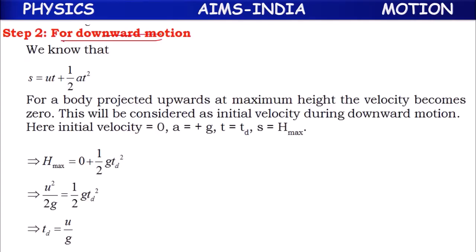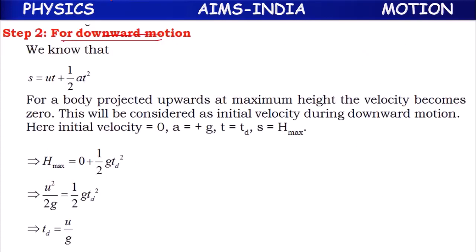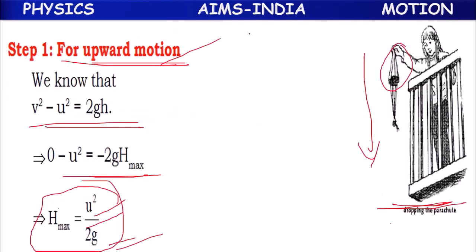This is downward motion, so for downward motion we have to take another equation, s equals ut plus half at square. While dropping down, the beginning velocity will be 0.